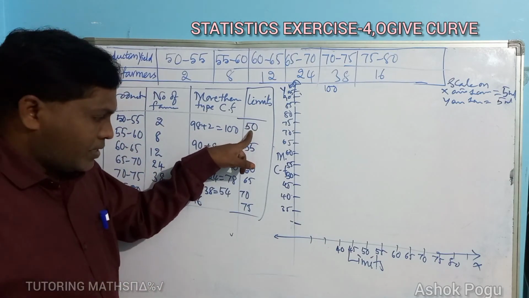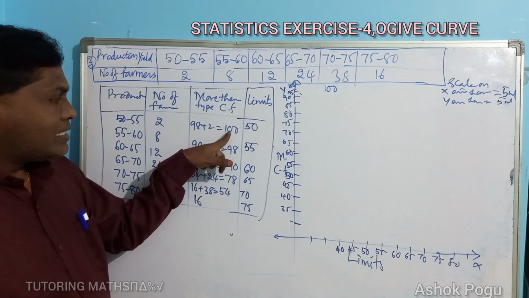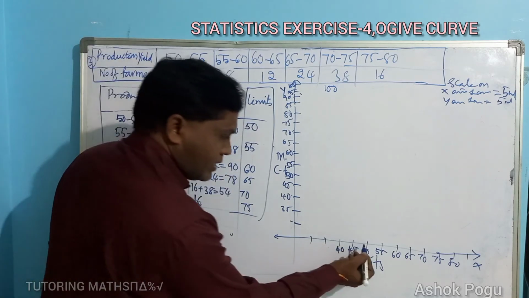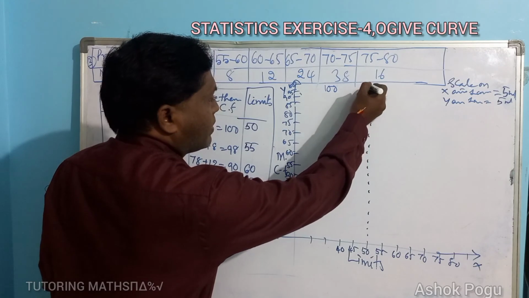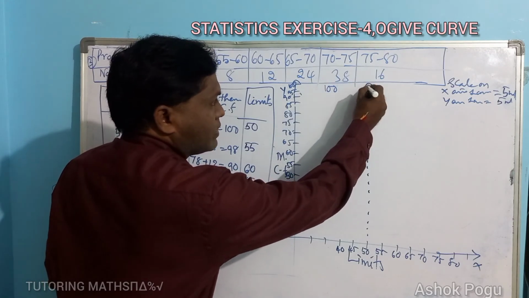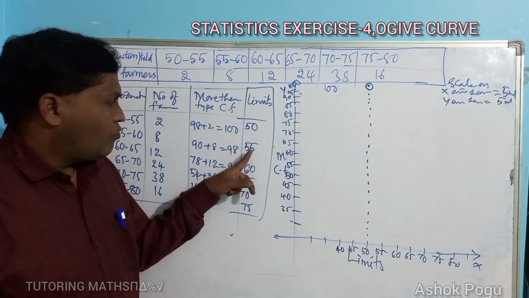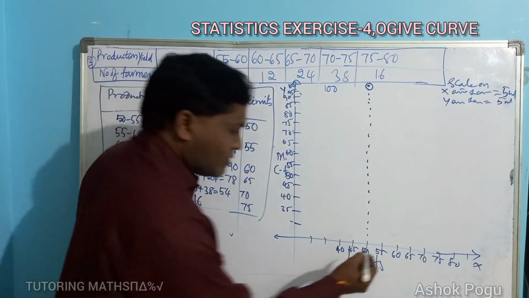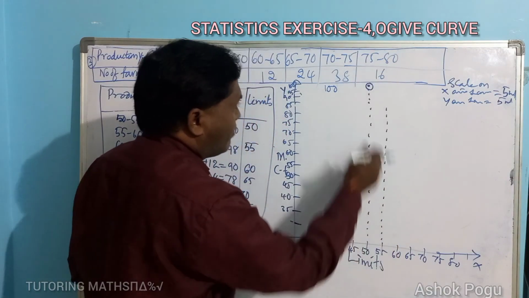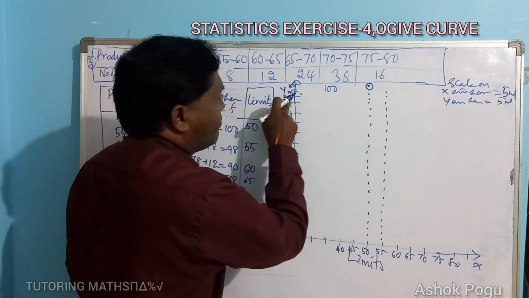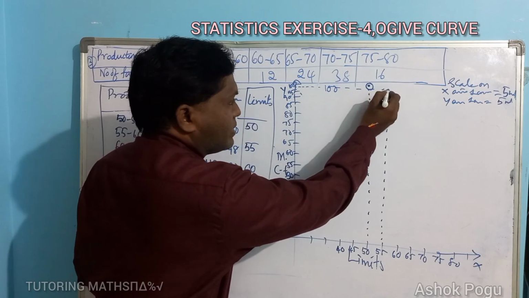First 50. What is the value for 50? 100. So at 50 here, this is 100. Yes, one value is plotted. And coming to the second value 55, 98, the perpendicular line which comes from 98 and meets this.